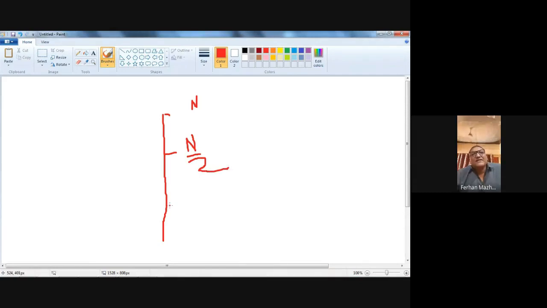Another half-life will pass and it will become N by 4. Another will pass and it will become N by 8.